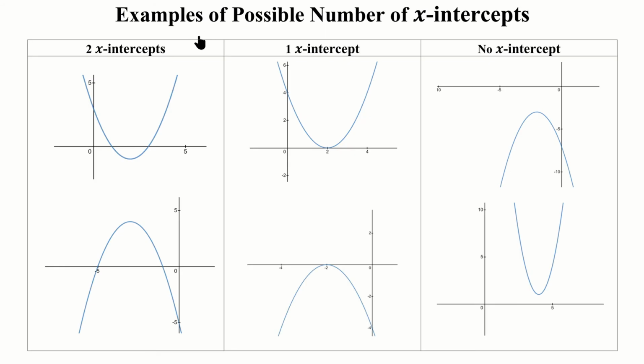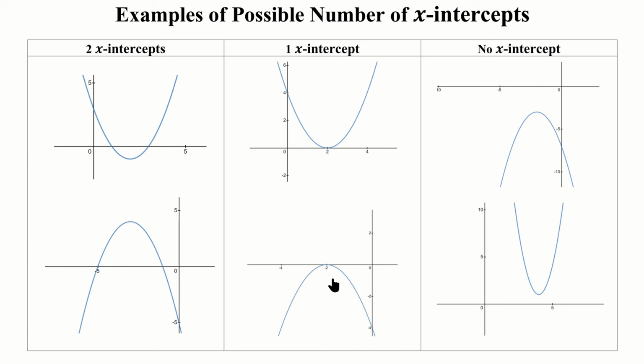So here are some examples of possible numbers of x-intercepts. Notice in these 2 cases, both of these parabolas have 2 x-intercepts. These 2 graphs show parabolas that only cross the x-axis at one point. So as you can see, what that means is the vertex itself is going to be on the x-axis.